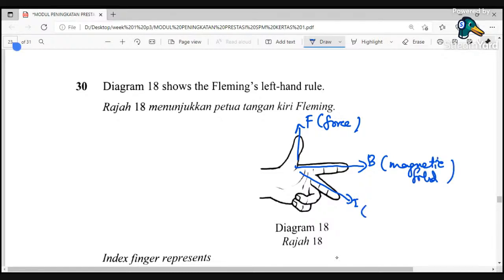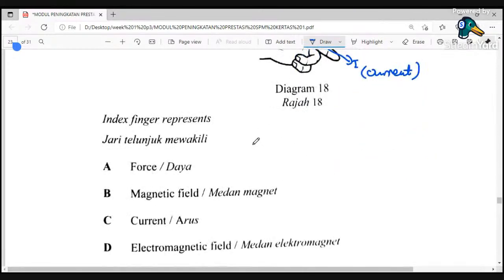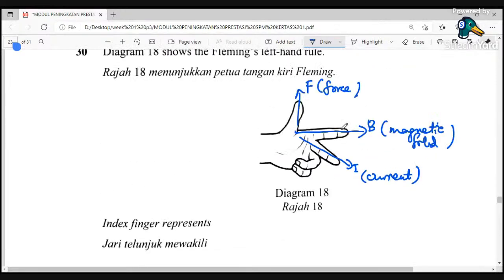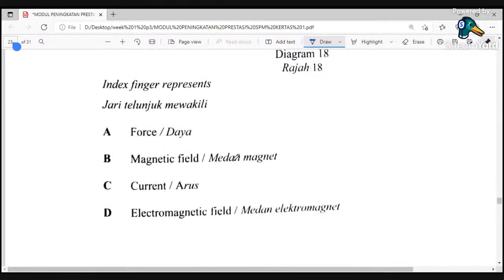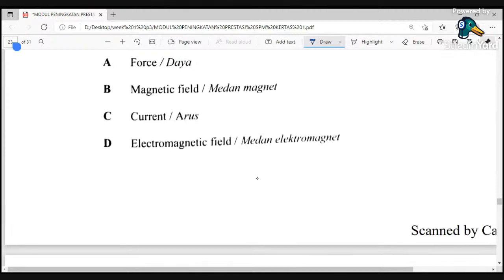And then ini ialah current. Jari telunjuk ni magnetic field. Ini hanya memorize saja.